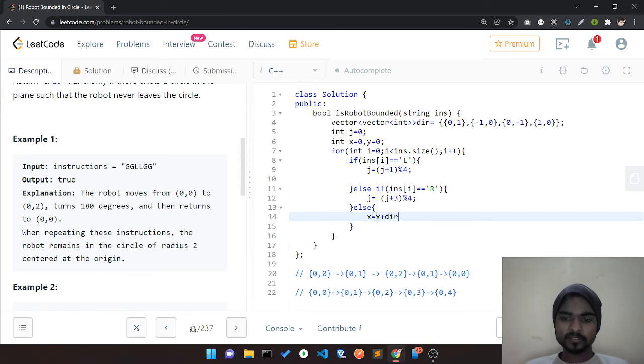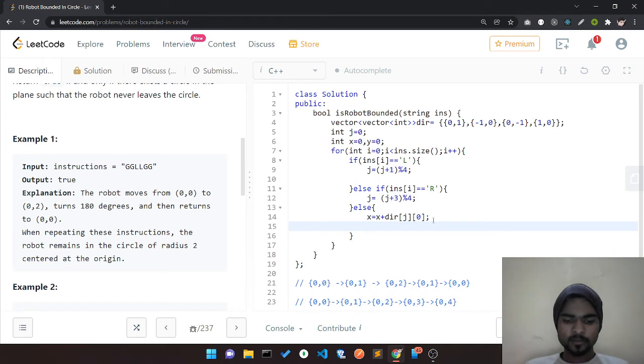So direction j, if in the initial case j is equal to 0, it is pointing north, and 0 0 contains the x coordinate. Similarly, y is equal to y plus direction j comma 1, because j comma 1 points to the y coordinate. And that's it.